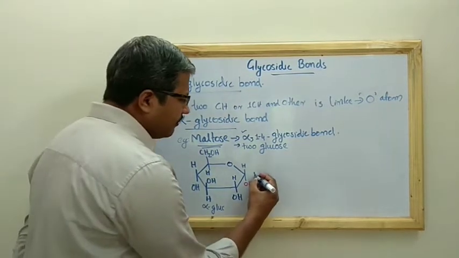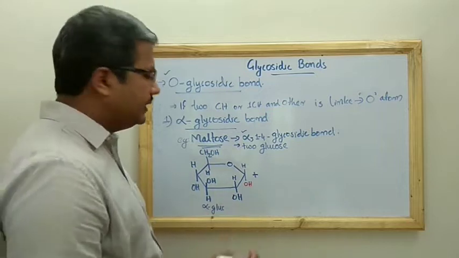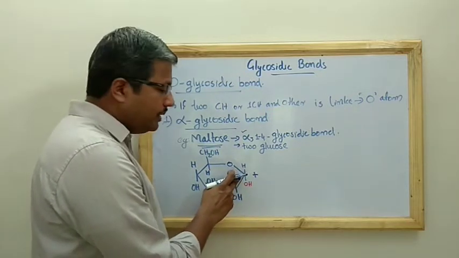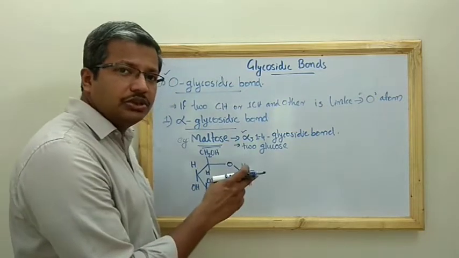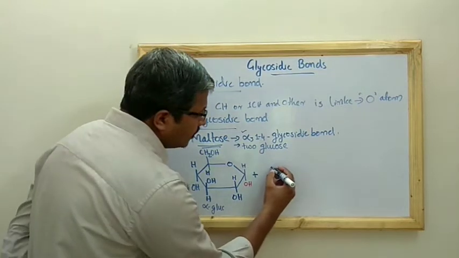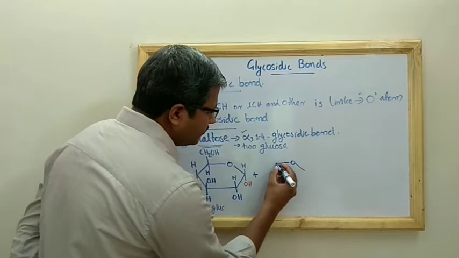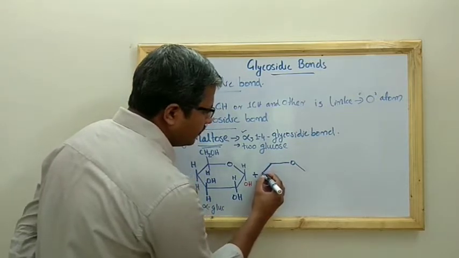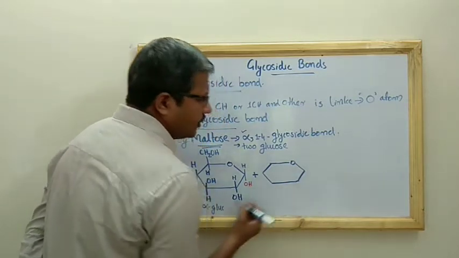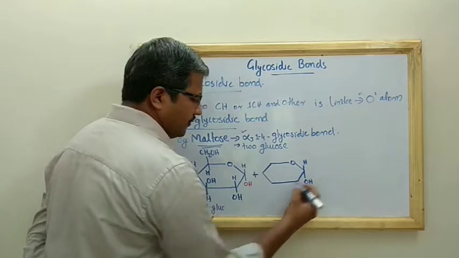Now this will be combining with another glucose molecule, and this carbon, which is actually the anomeric carbon, will be linking with the hydroxyl oxygen of the next monomer. So now let us see one more. So you have one more glucose unit that is also in alpha configuration.